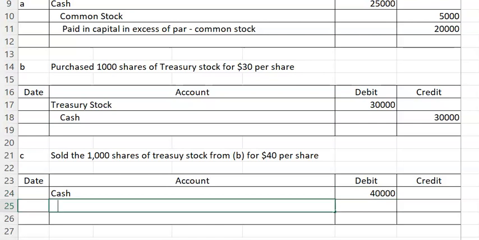And then we need to show that we no longer have that treasury stock, so we're going to reduce our treasury stock with the credit, and we need to do that for the same amount that we originally paid. So look back at B, and we originally paid $30, so we'll say 1,000 times 30 again, which we know is 30,000. So we say equals 1,000 shares times $30.